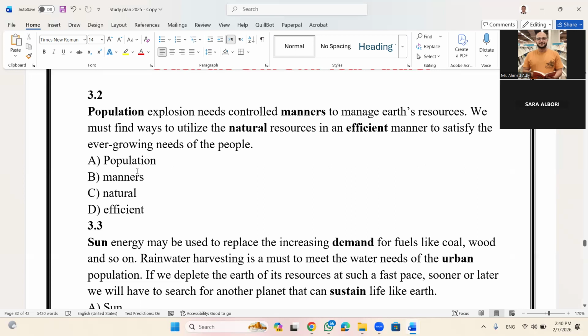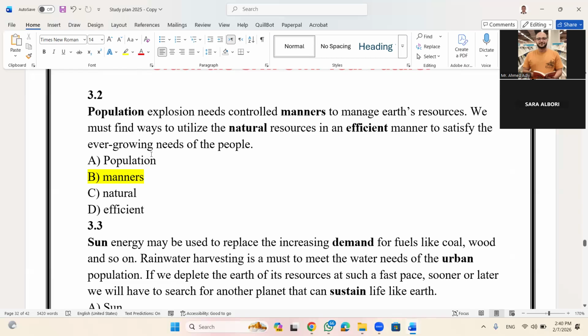Look at the second part. We must find ways to utilize the natural resources in an efficient manner to satisfy the ever-growing needs of people. The problem here is manners. Manners is the way you behave toward people.